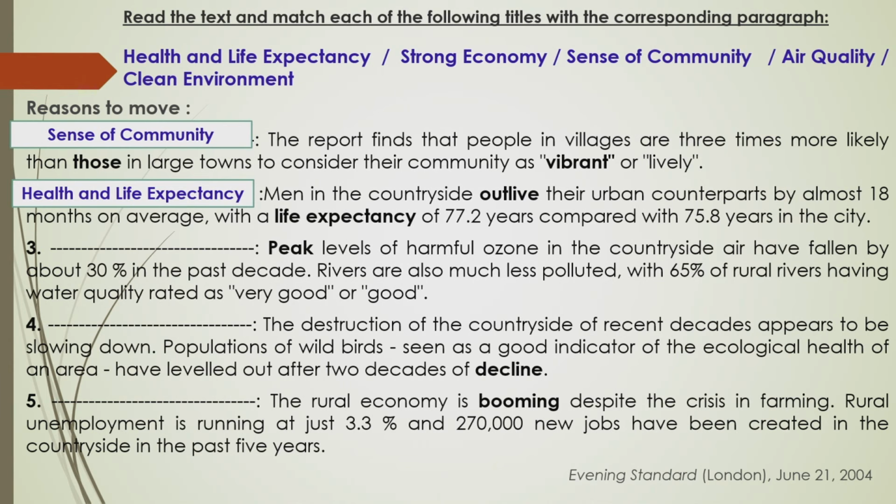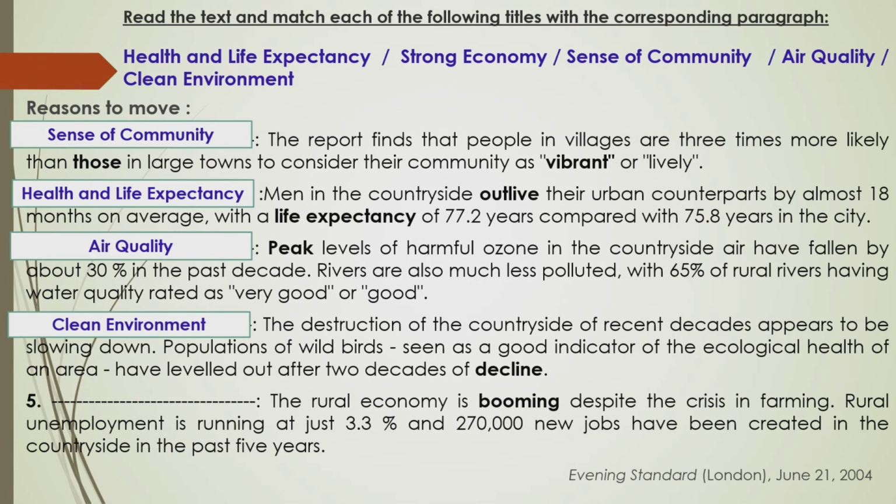When it comes to the third paragraph, if we focus on rivers, if we focus on ozone or the harmful ozone, the levels of harmful ozone in the countryside air, so it's definitely air quality which is dealt with. And the area in focus in paragraph number 4 is also the environment, as it's related to the destruction of the countryside and the populations of wild birds.